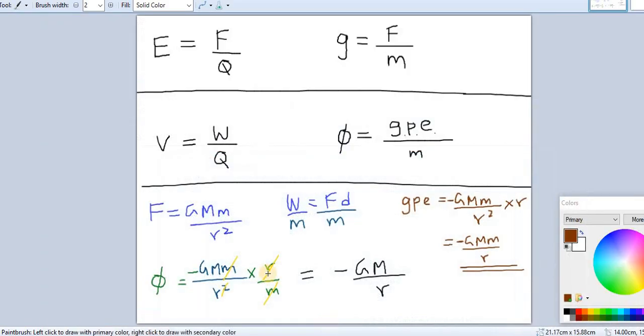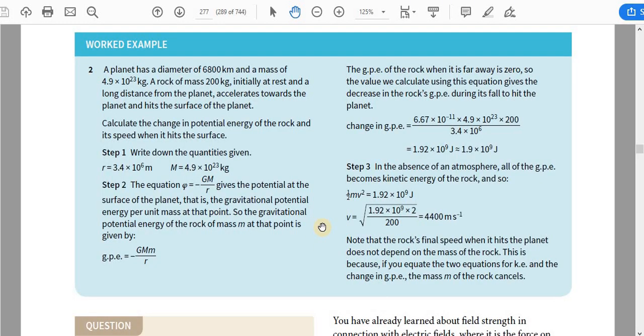In the previous derivation I already showed this step. Now if you divide this by the mass m, you will get minus GM over r, which is the gravitational potential. So gravitational potential energy divided by the mass will give you gravitational potential.